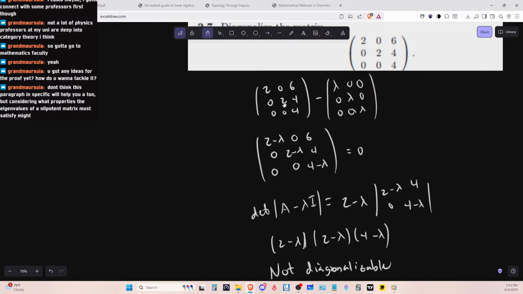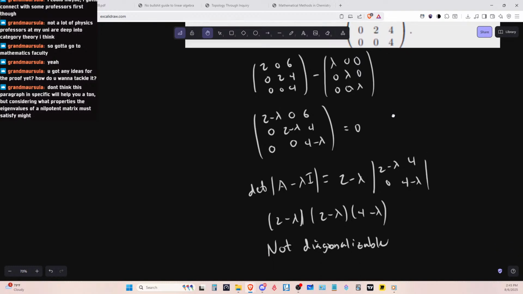Or is it when you see multiples of one number in the diagonal? When it's not diagonalizable. Like, I can't even say it. I think that's the one thing I have to ask. Because I thought this looked funny because it's a multiplicity of 2 here. But then the way it looks, it's like we have a row here, we have a row here, and we have a row here.